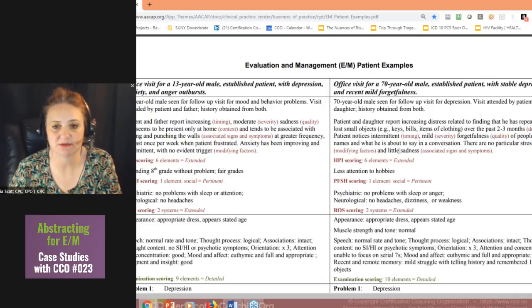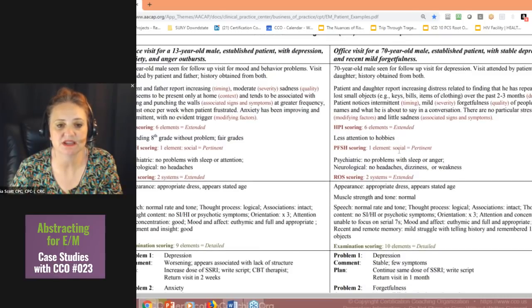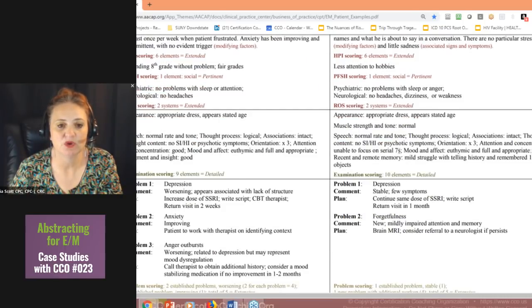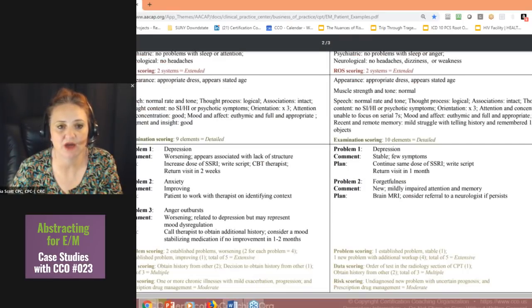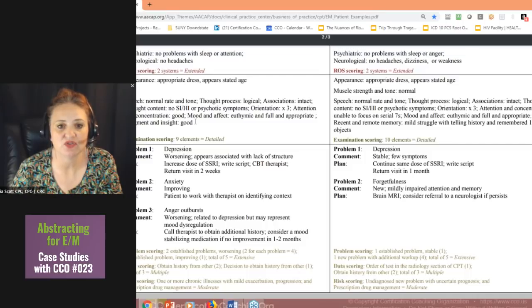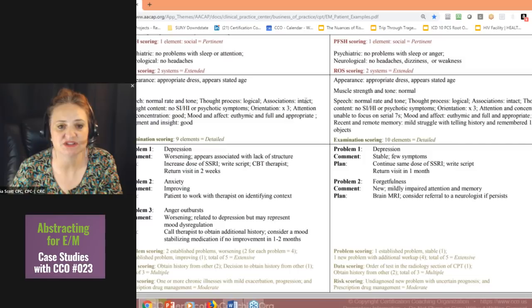All right, now let's scroll down just a little bit. So now we're going to get into the exam. With the exam, this is not all written out and color coded like before, but we've got nine elements. We've got speech, thought process, associations, thought content, orientation, attention and concentration, mood and affect, and judgment and insight.